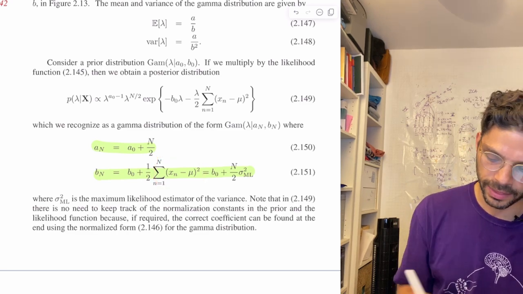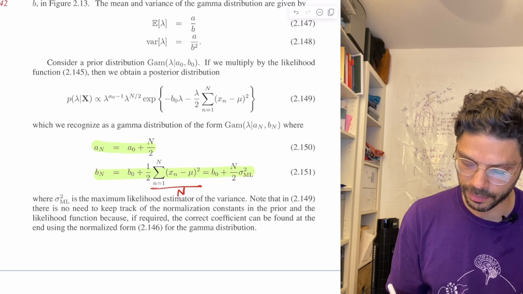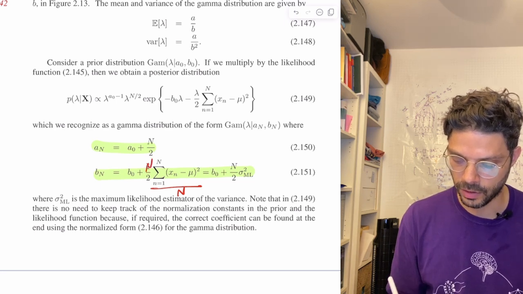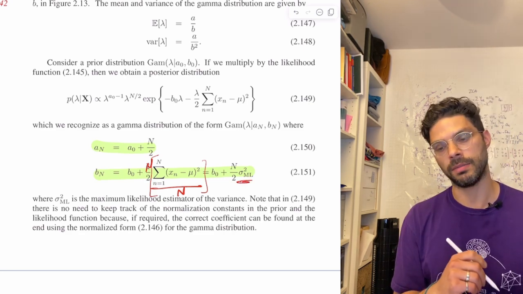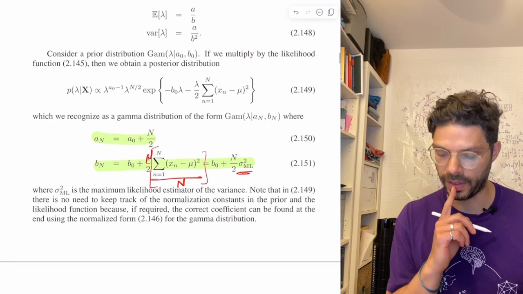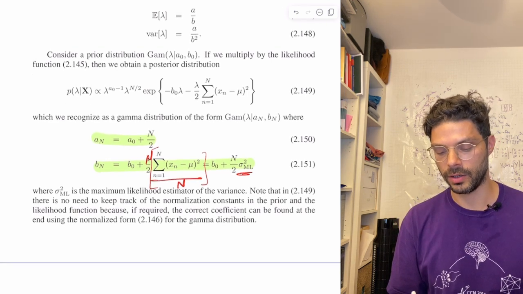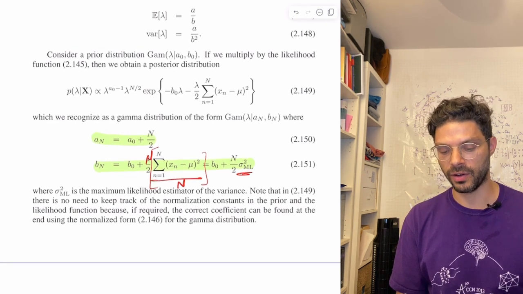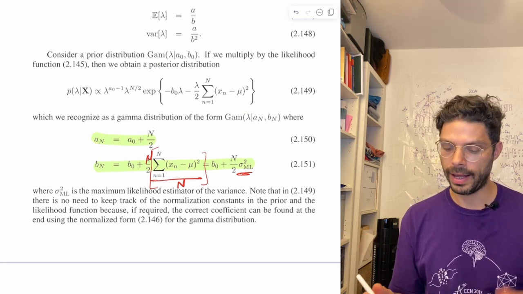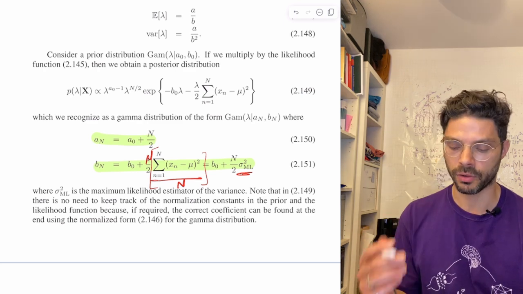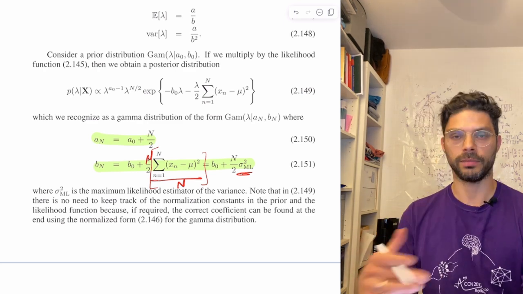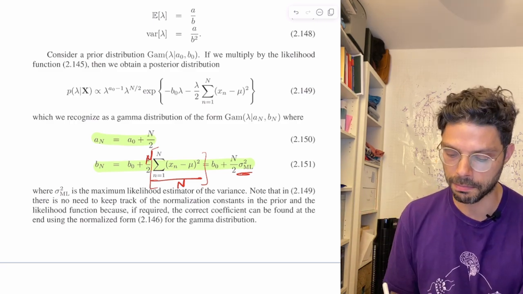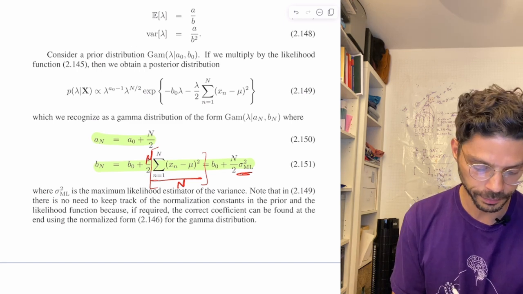Well, if we write this term as times n, then this thing just becomes your maximum likelihood estimate of the variance. So that's pretty cool. It looks like when you get n observations, your a naught goes up by n over 2, and your b naught goes up by something proportional to variance. So you can think of a naught as kind of a number of observations parameter, and b naught is kind of your variance parameter.